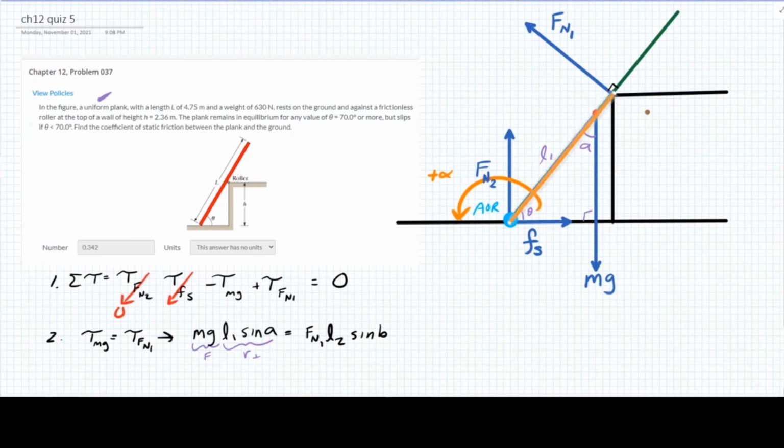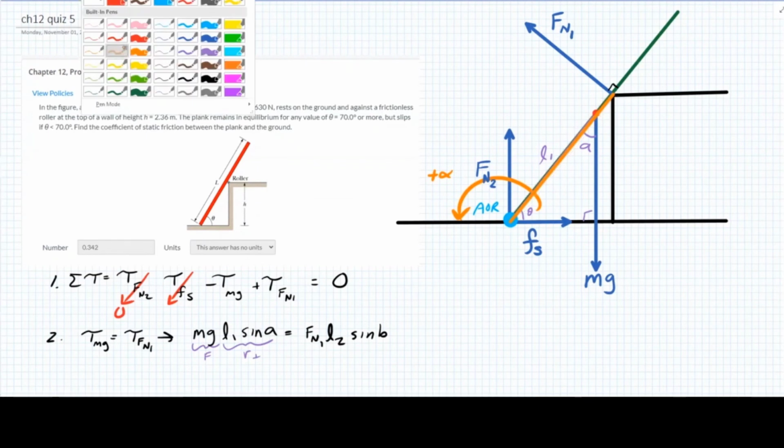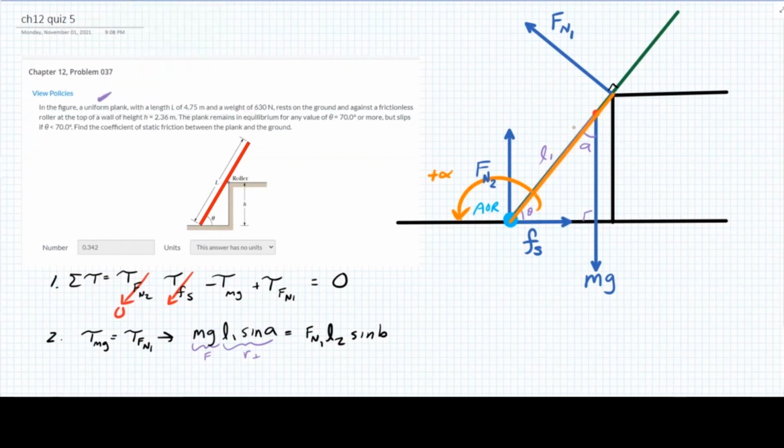And at least I know what B is. B is 90. This is L2, and B is the angle between those. All right, so this becomes number 3.